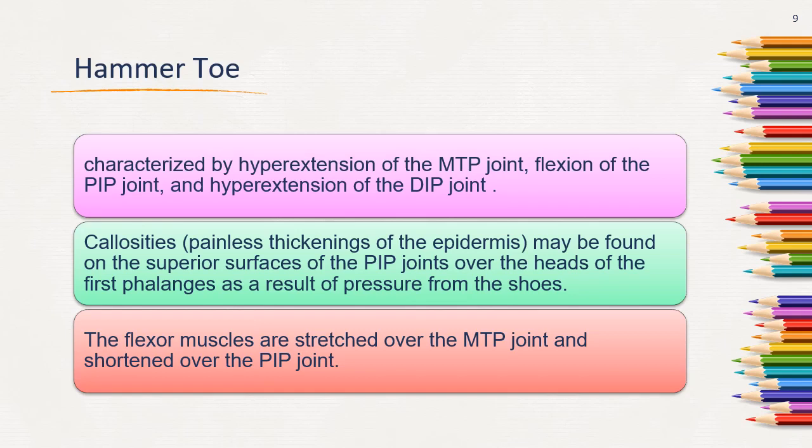As we have seen, there will be hyperextension of the MTP joint, so the flexor muscles get stretched over the MTP joint and get shortened over the PIP joint.